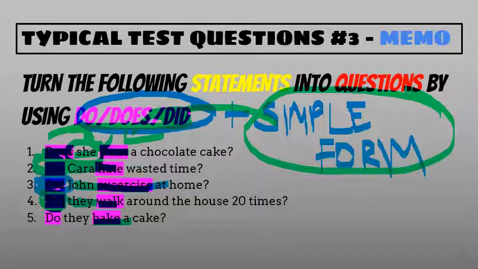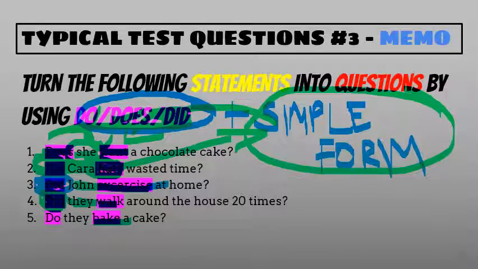So past tense is actually quite easy because I'm always going to use did to start a question. Just note, did Kara hate wasted time? Not did Kara hated wasted time? Always the most simple form of my verb after do.